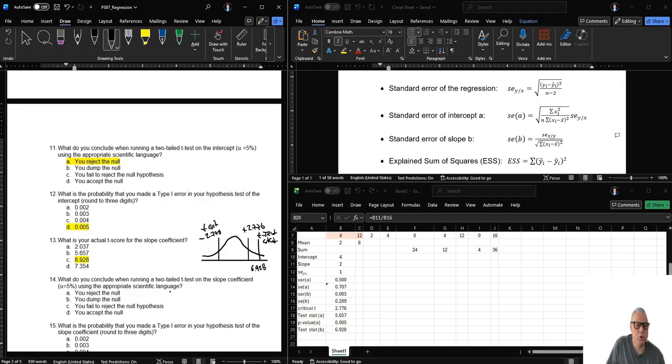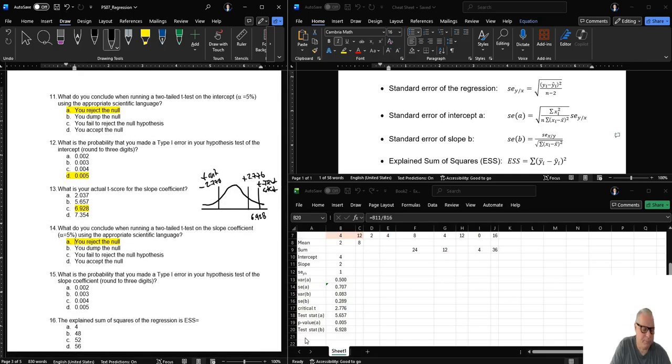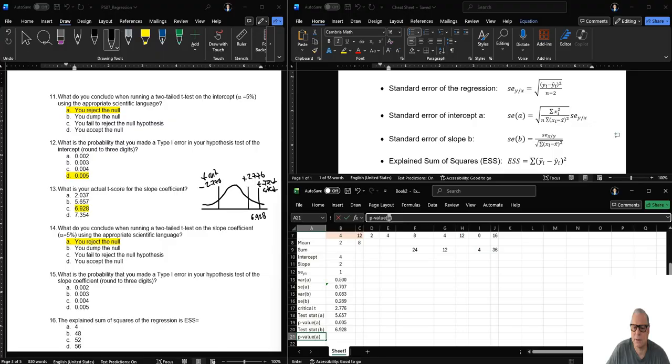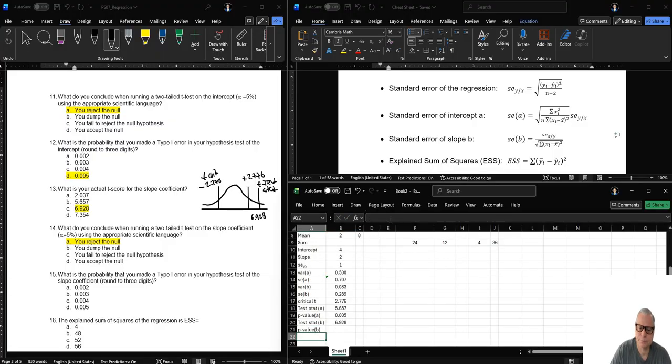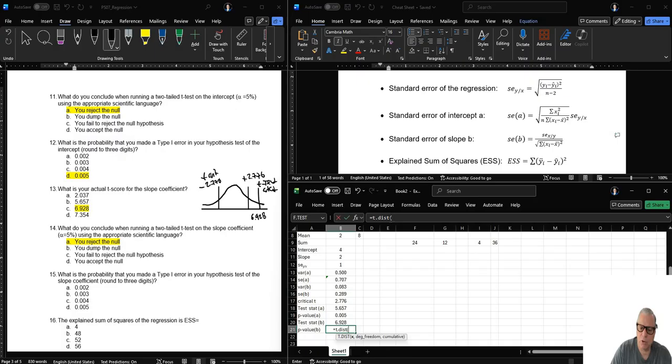So what do you conclude when running a two-tailed test on the slope coefficient? Again, we reject the null. And again, what's the probability that we made a type 1 error? That should be even less than before, so it must be less than 0.005. So we use again the formula, the p-value, but this time it is for b. That is equal to T.DIST, that's the formula that we use, and then I put a minus sign in there.